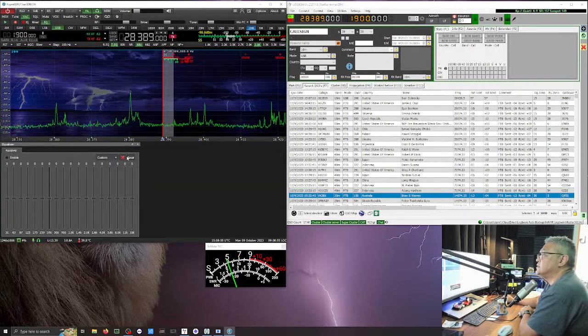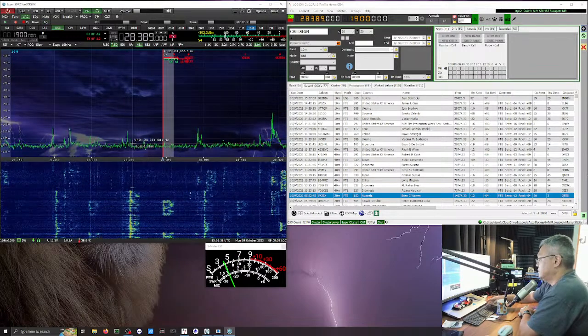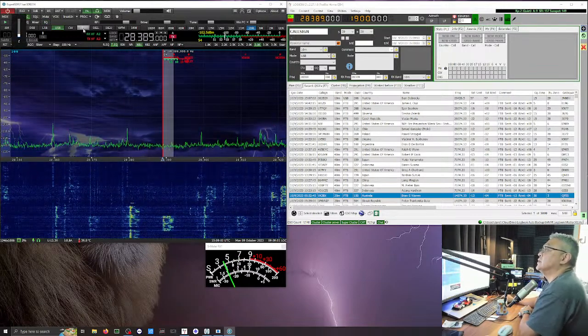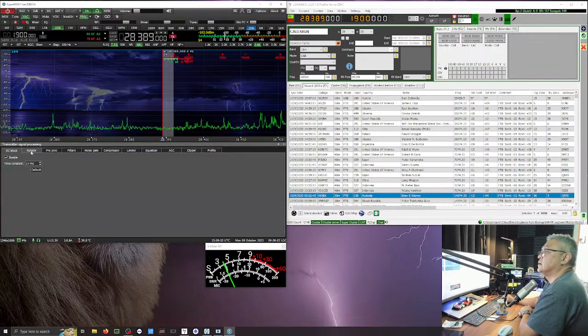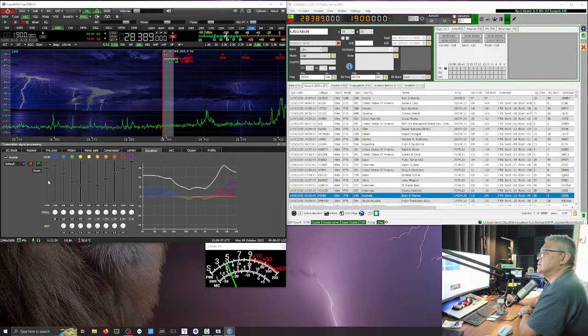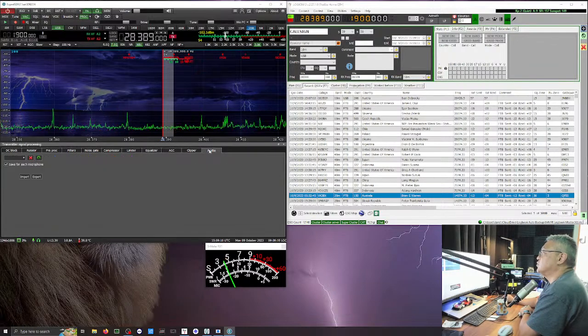KG2MM. Oh, that's the receive EQ. Okay, where's my transmit EQ processor? Equalizer. A little boomy. I wish I could change the profile. This is Kilo Golf 2, Mike, standing by with November 4, Victor Foxtrot Romeo.